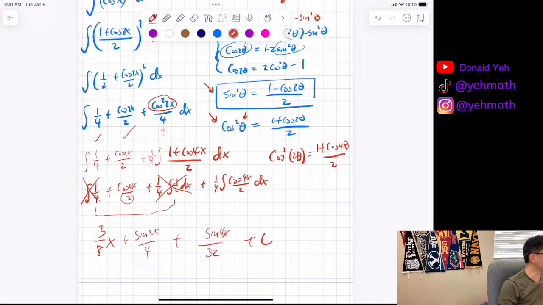The AP exam can ask you all the way to sine square and cosine square, not sine to the 4 or cosine to the 4. AP exam is not going to ask you cosine to the 4 or sine to the 4, but they will ask cosine square. May ask you, not very often.